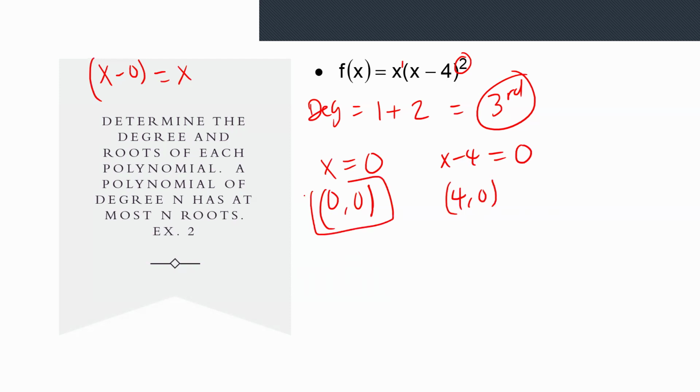So we found our x-intercepts and our degree. So this is good when it's given to us in factored form.